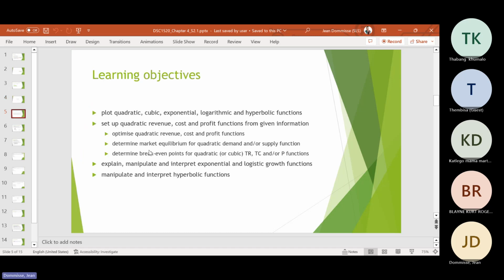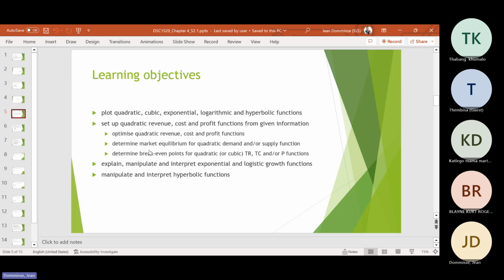Okay, so in chapter 2 we looked at the simple line functions, and in chapter 3 we looked at the quadratic functions. What chapter 4 is about is taking those quadratic equations and simple line equations and adding a bit of economics to it.